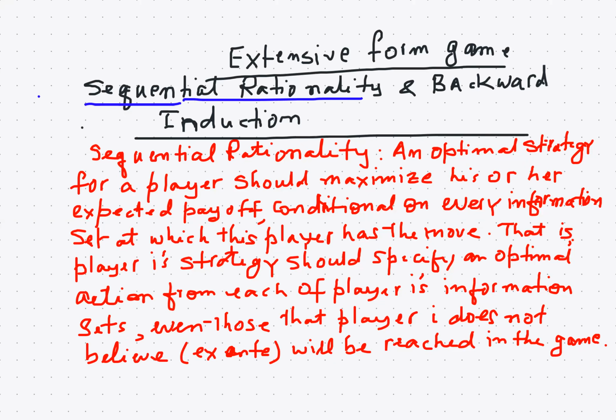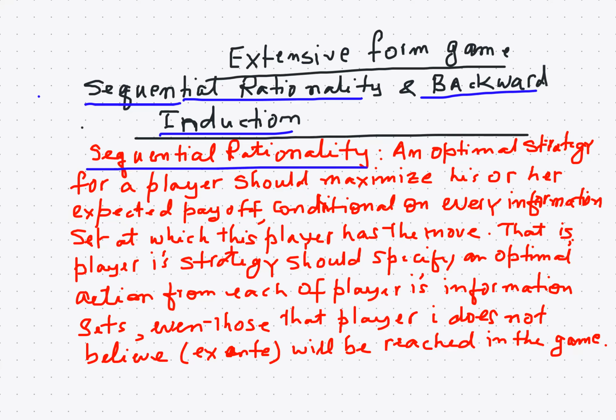This is an assumption that the players are behaving in a sequentially rational manner. We're going to use this concept to analyze the extensive form game using the solution concept of the backward induction argument. So first, let's look at sequential rationality.